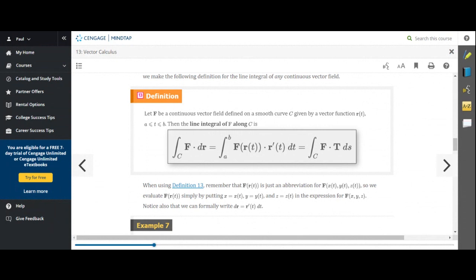I gave you a quick summary of why this is true. You're taking the dot product of a vector field F at some point r of t with a tangent vector, which in this case is r prime of t, and you're adding up all those little pieces of work together, and that becomes an integral. So that being said, let's go ahead and do an example.